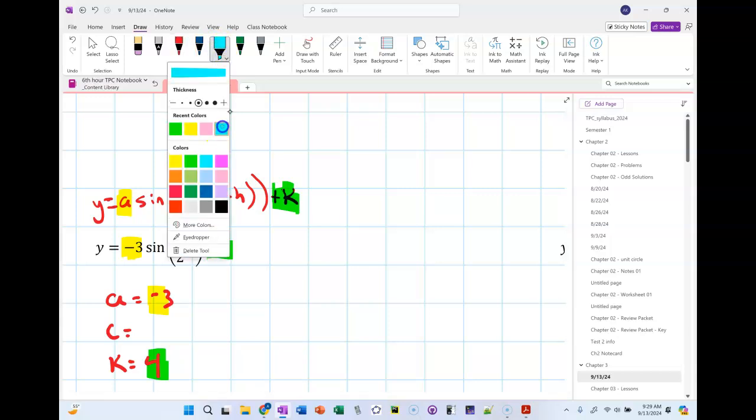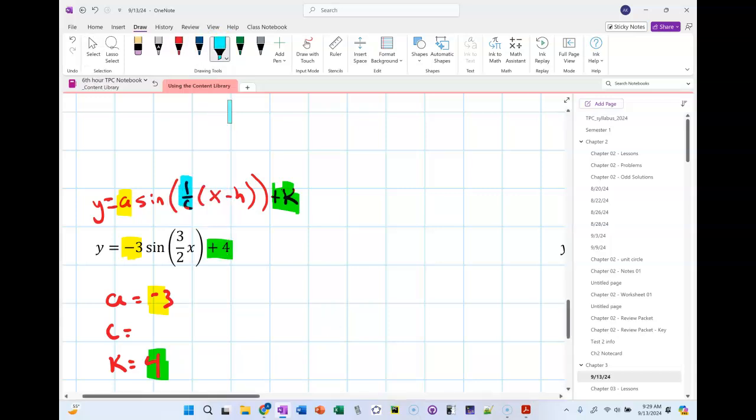Now, the one that's a little bit tricky is that 1 over C is going to be that coefficient for the X. What does 1 over C mean? When I see 1 over, I think starts with an R. Reciprocal. So C is going to be the reciprocal of 3 over 2.